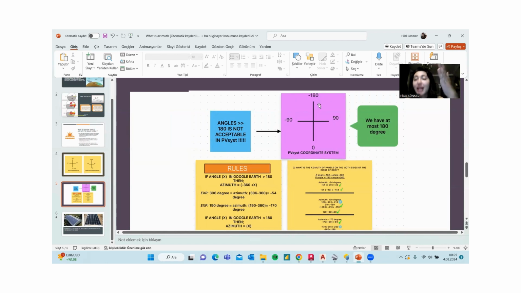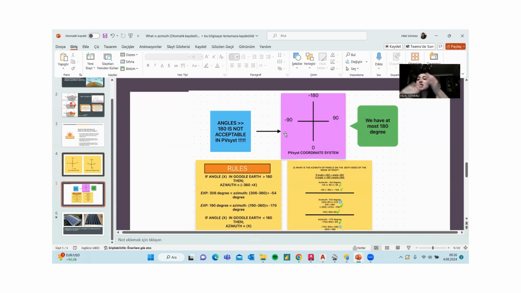So if we get an angle in Google Earth that is greater than 180 degrees, it is not acceptable for us, and we will do some conversion. There is no need to worry about angles less than minus 180 degrees, because in Google Earth we are not dealing with negative degrees.